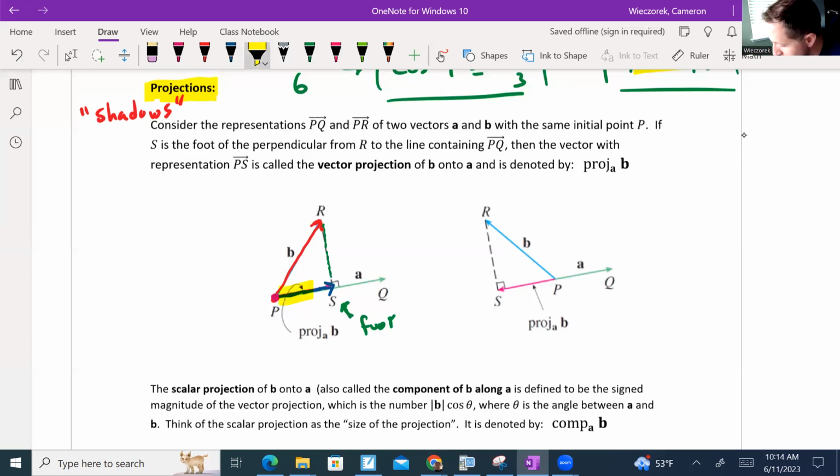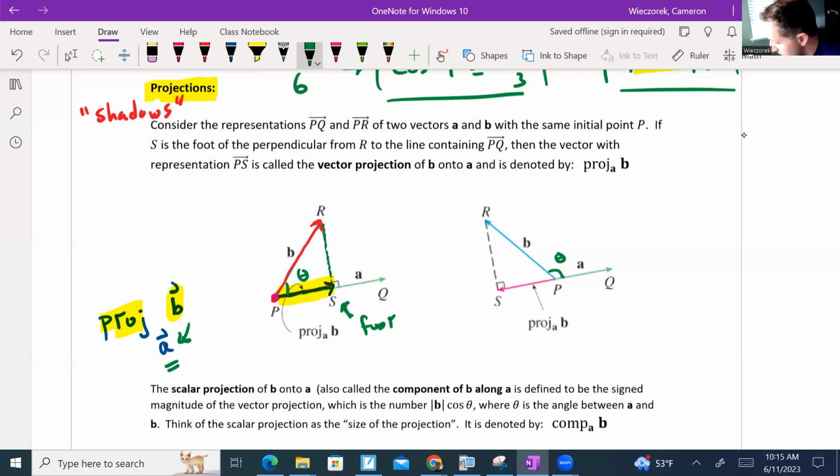So in our first diagram, this would be the vector projection of B onto A. The way we notate it is proj, for projection, with the vector B next to it and the subscript being the vector you're projecting onto. I read this as the vector projection of B onto vector A. In this case, theta, the angle between the vectors, is acute.